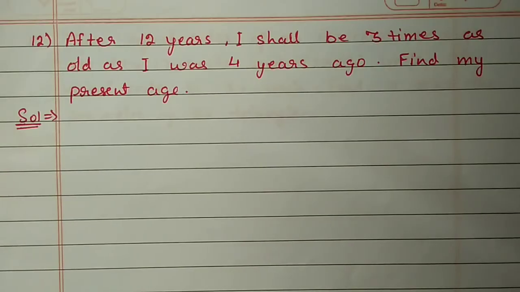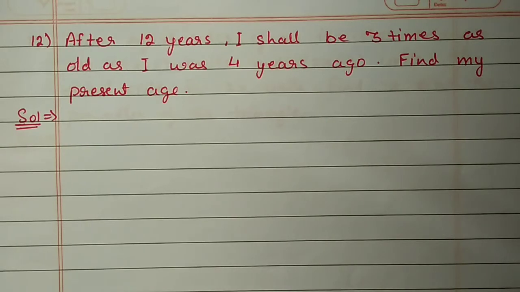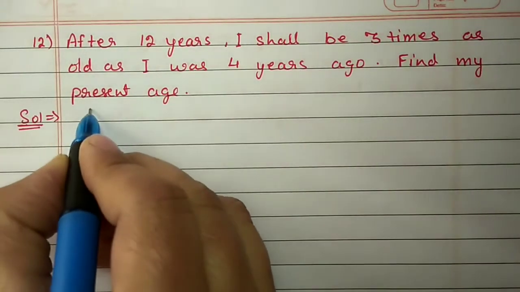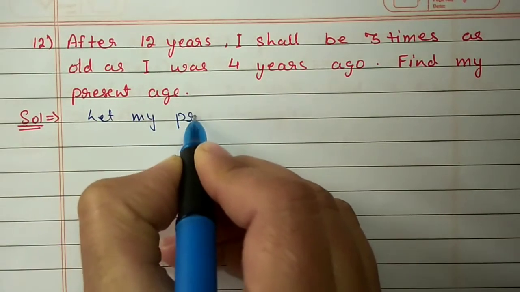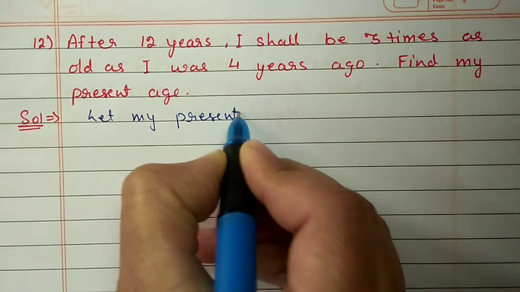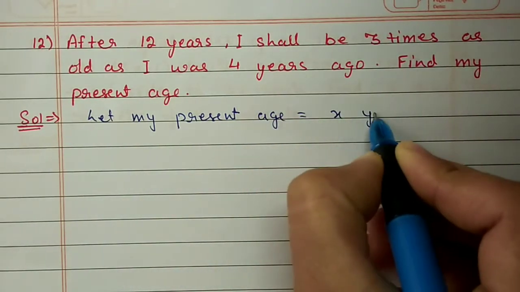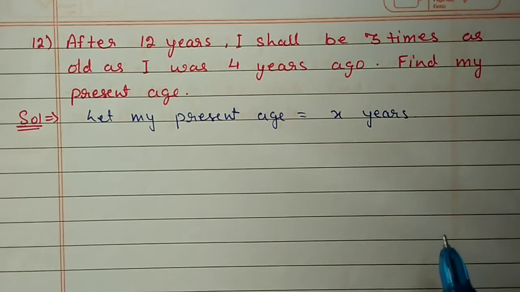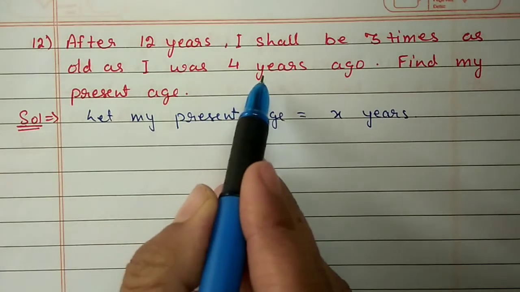Next, question number 12. After 12 years, I shall be 3 times as old as I was 4 years ago. Find my present age. So let present age be x years. Now first we will calculate age after 12 years and then before 4 years.